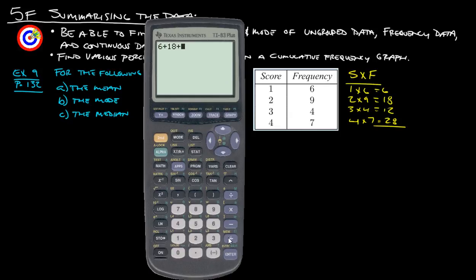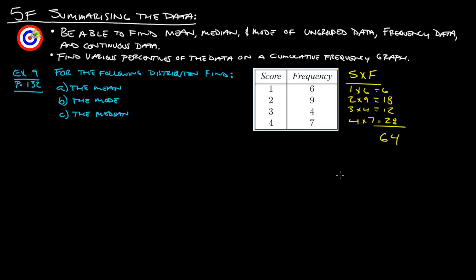6 and 18. I guess you could probably do this in your head, but I'm going to do this on my calculator because I can. 64. So it gives us a grand total of 64, and then we also want to figure out the frequency, how many total scores there were. So let's see, 6 and 9 give us 15, plus 4 more is 19, plus 7 more is 26, right?